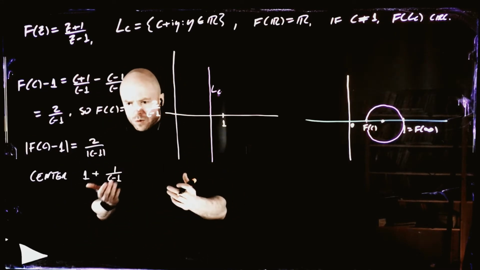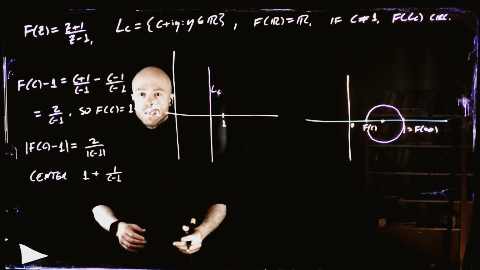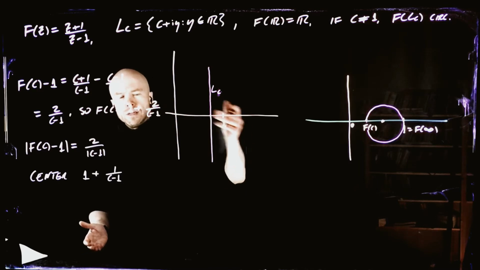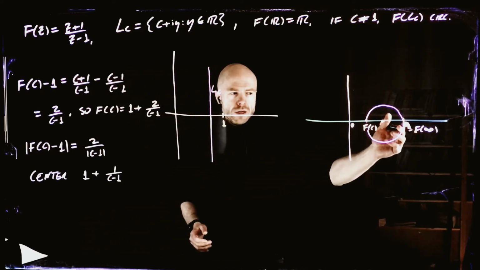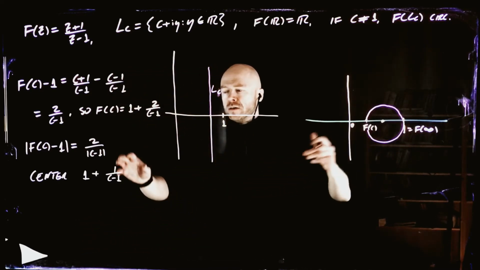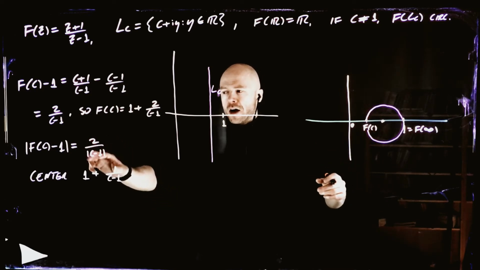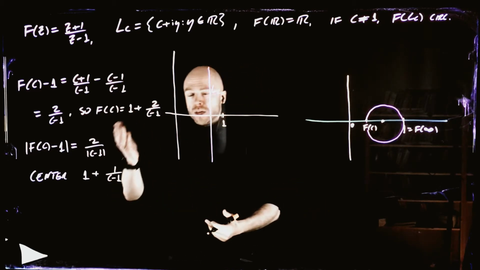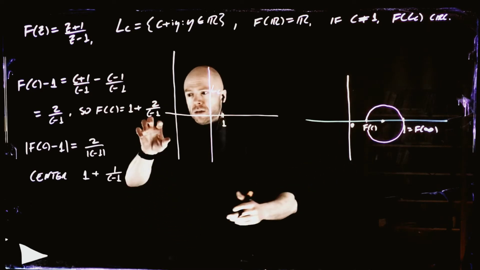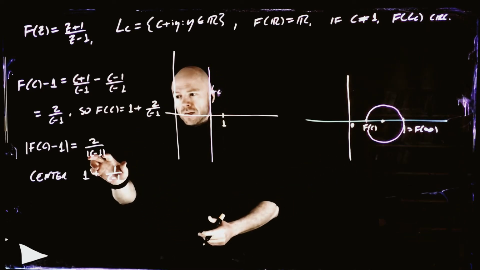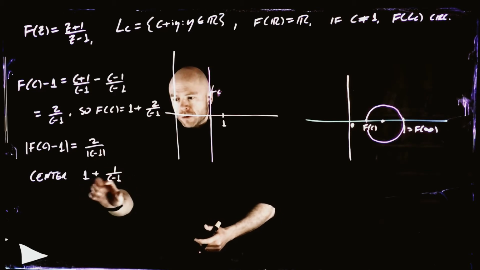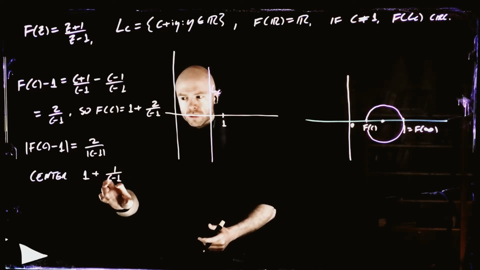Because if C is less than 1, then from this calculation we know that f of C is to the left of 1, and we know that we are moving by half of this quantity to the left of 1, which is exactly this, right? And if C is bigger than 1, then we are to the right of 1, so we are moving half of this thing, and it's still this expression. So the center, whether C is bigger or less than 1, is always this thing, yeah?